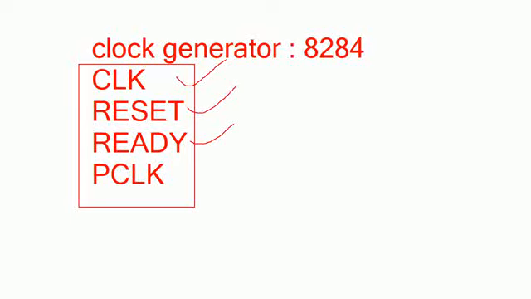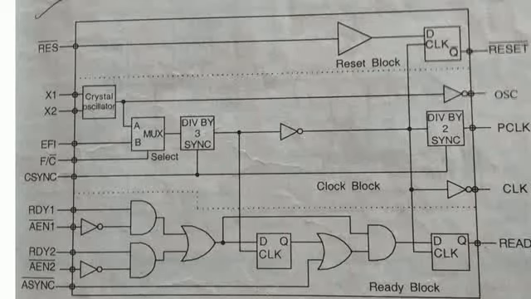Peripheral clock signals. These are the 4 different output signals which come from the 8284. So under the basic system components concept, we are going to study the 8284, which is the clock generator. Let us see the internal block diagram of the clock generator.